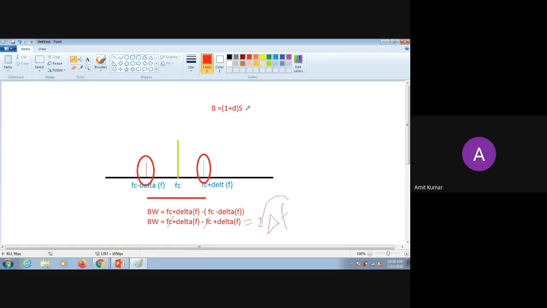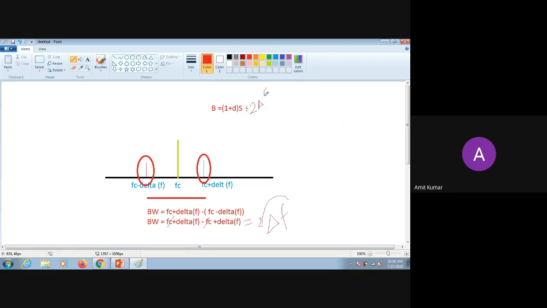The bandwidth requirement for an ASK signal is there because we are sending the ASK signal. In the last phase of your experiment, you will see that we are adding two ASK signals, and the two ASK signals are separated by this frequency 2 delta F. That's why we add this 2 delta F in your bandwidth.